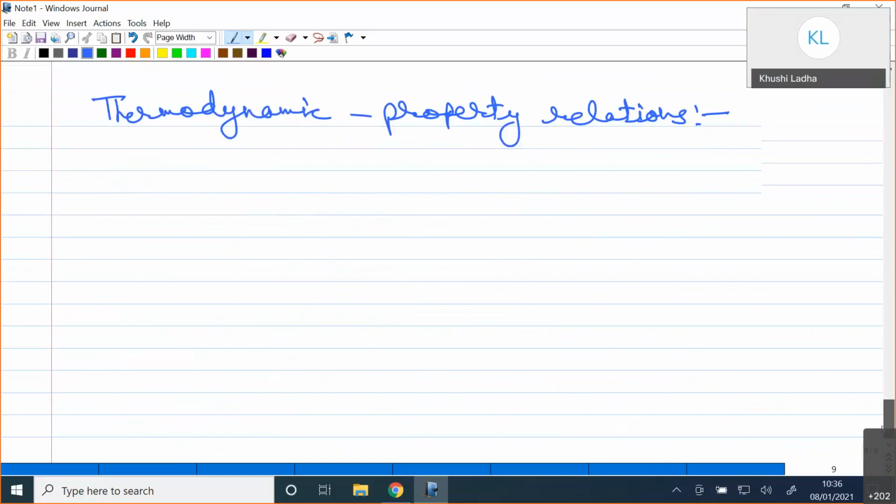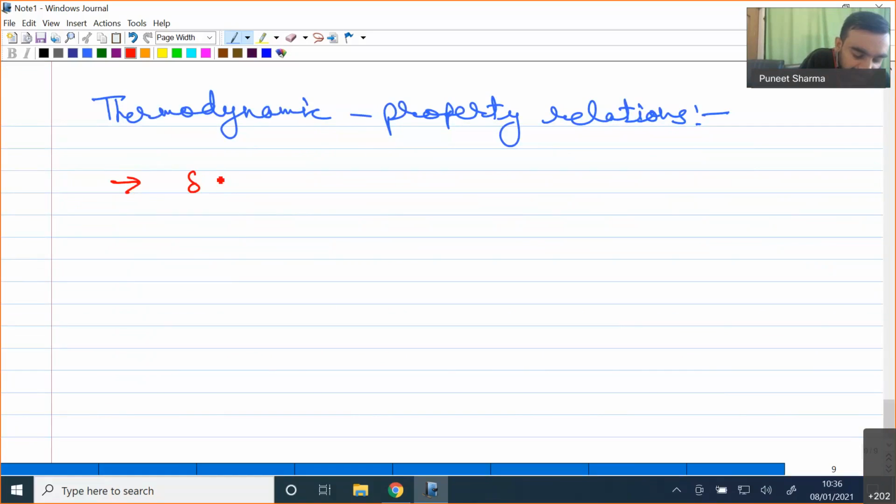Okay, so now let me take up the thermodynamic property relations. We know from our first law of thermodynamics for a closed system that del Q minus del W is equal to, if I consider that in case of my closed system kinetic energy and potential energy are negligible, so I can simply write del Q minus del W as nothing but equal to du.